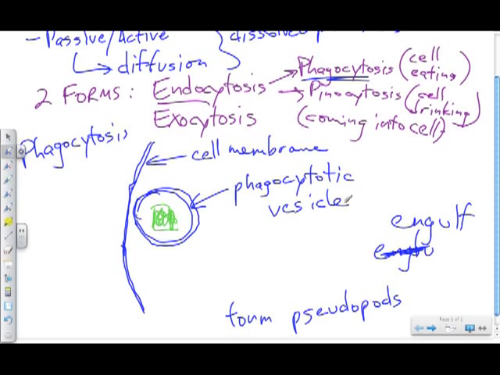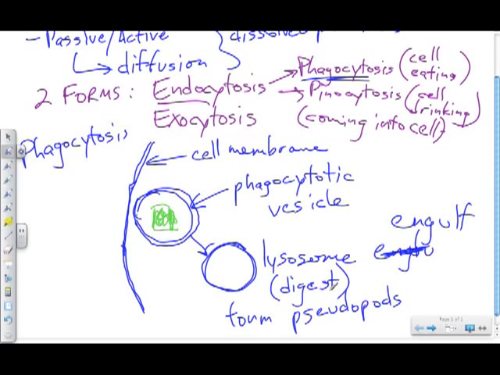It forms this membrane-type vesicle that eventually will make its way towards a lysosome, and it'll bind to the lysosome, because that is where digestion of this particle will take place. So the phagocytotic vesicle will bind to this lysosome and eventually digest this piece of food.